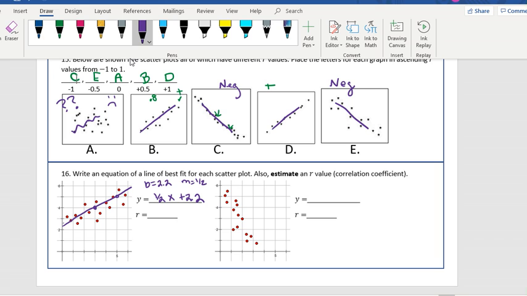This is probably around a 0.8. If you say anything from 0.6 through 0.85, I would say you're good to go. That's what I would say your range should be in that area for the R value.